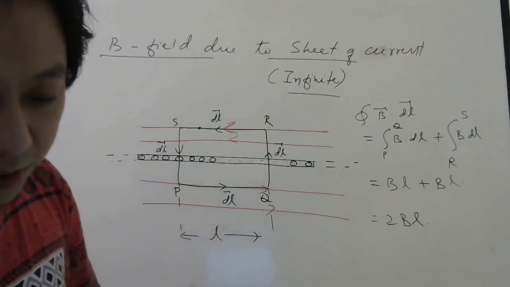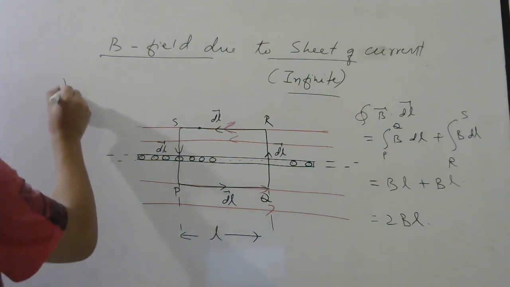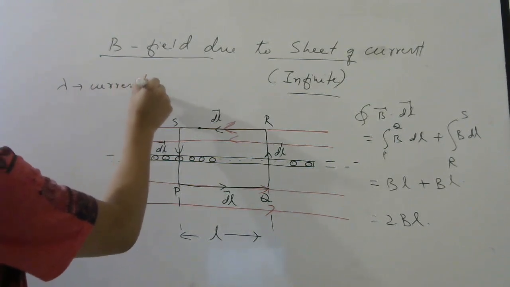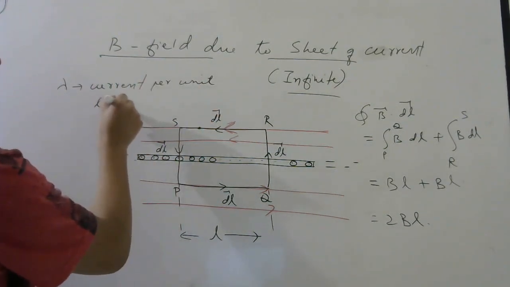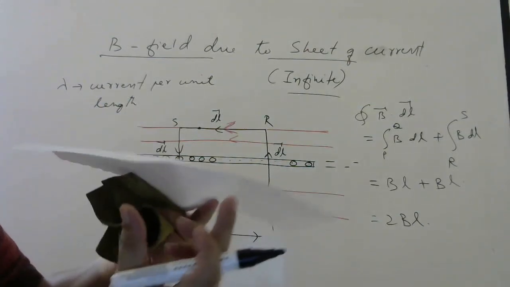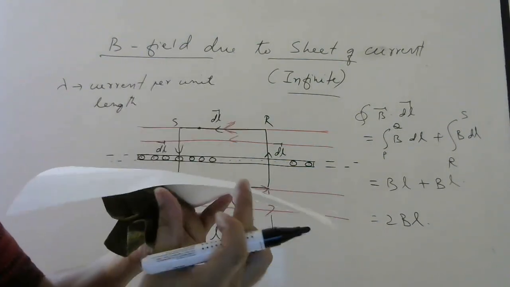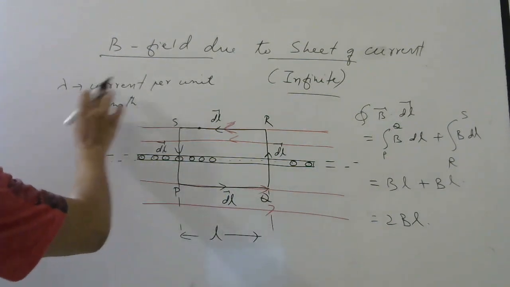How do we find that current? For that we will define lambda, which is current per unit length. Meaning you take some length, see how much current is flowing through that length, then divide the current by the length. That is your current per unit length.